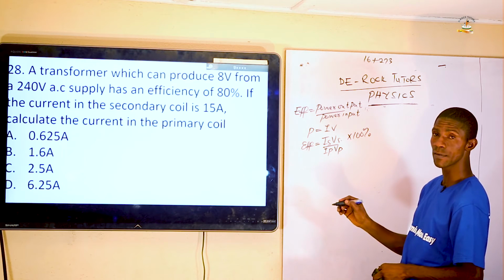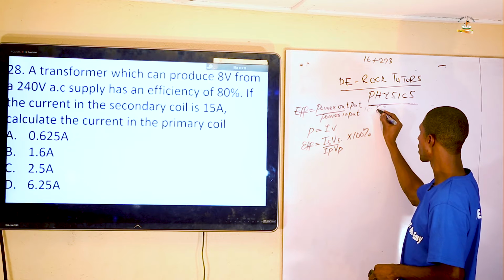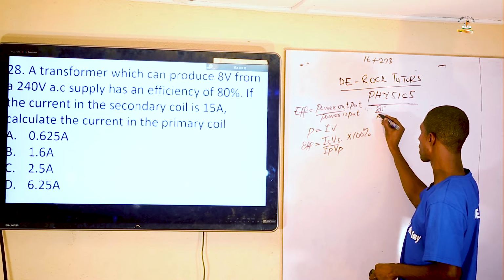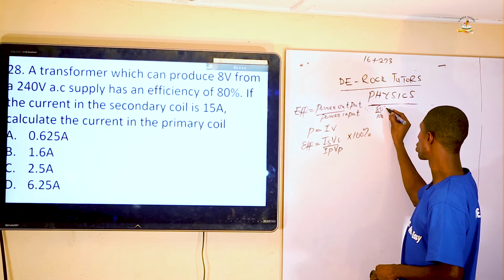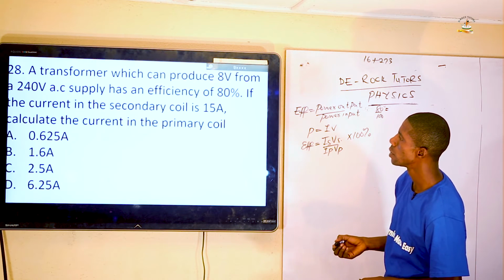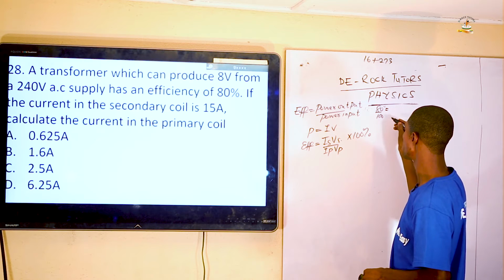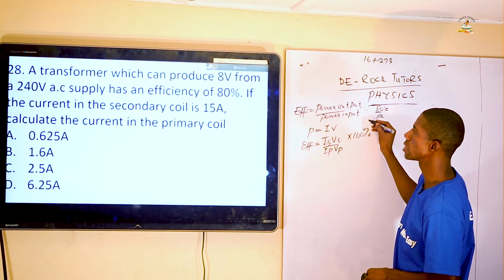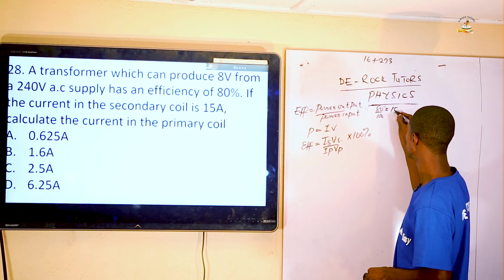So in the question, we are given the efficiency already, which is 80%, making 80 over 100. We are asked to calculate the current in the primary, which is unknown. Then the current in the secondary, we have as 15.